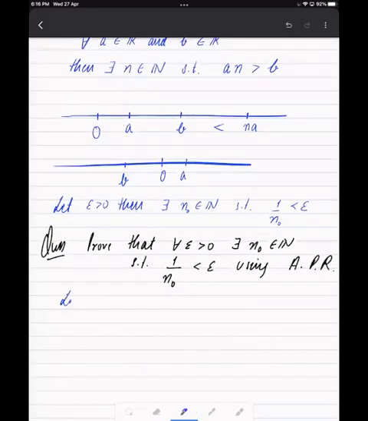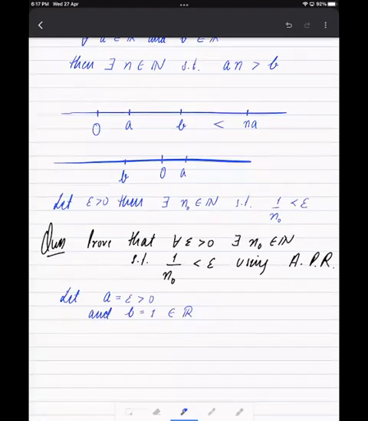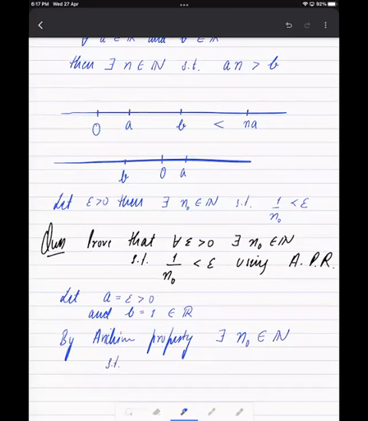So let A equal epsilon, which is greater than 0, and B equals 1, which belongs to the reals. By the Archimedean property, there exists an n naught belonging to the naturals such that A times n naught is greater than B. Here A is epsilon and B is 1.